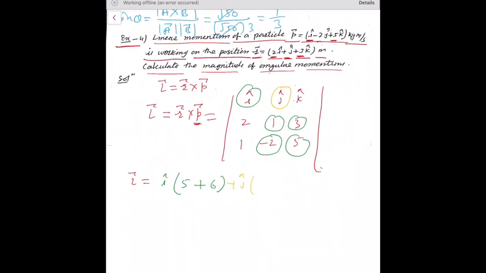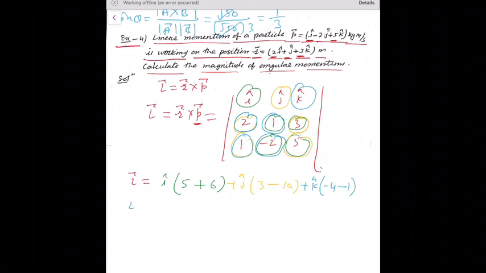Next j cap: 3 into 1, 3, minus 2 into 5, 10. Plus k cap: 2 into minus 2, minus 4, minus 1 into 1, 1.